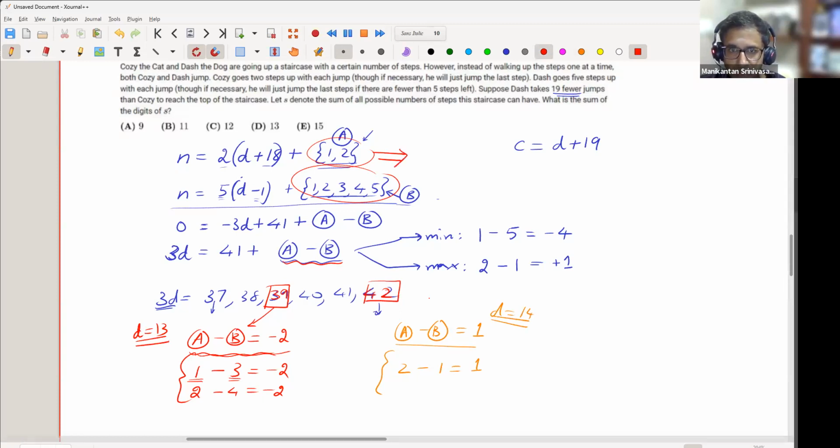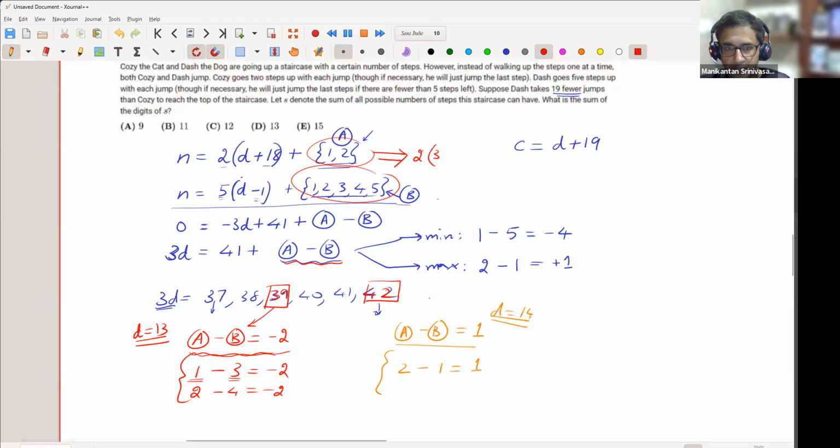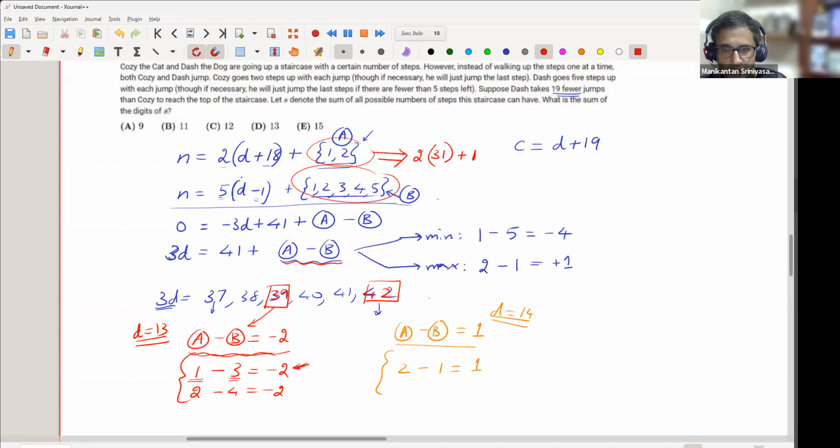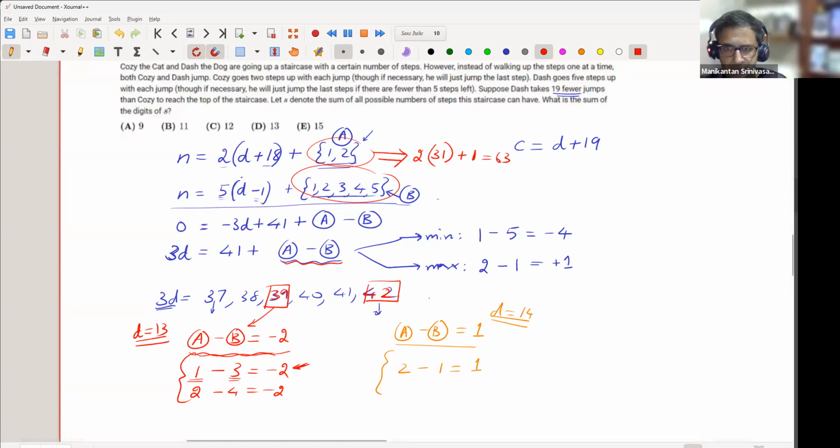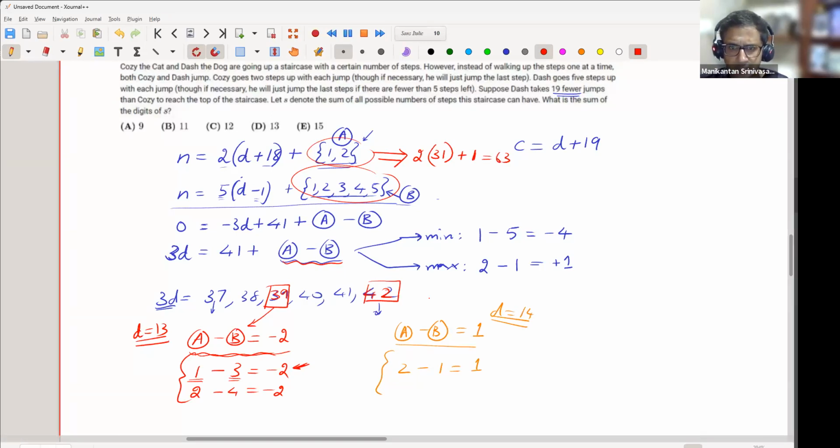Okay, so in the first one, I'll substitute D equal to 13. So 2 into 13 plus 18 is 44, plus, I'm picking which one? Let's say I'm dealing with this case. A is 1, right? So 63 steps. Let's confirm whether that matches with this also.